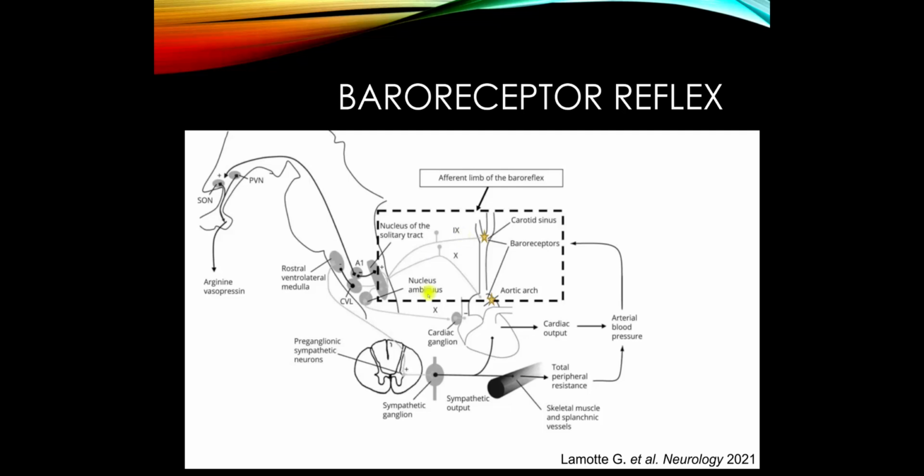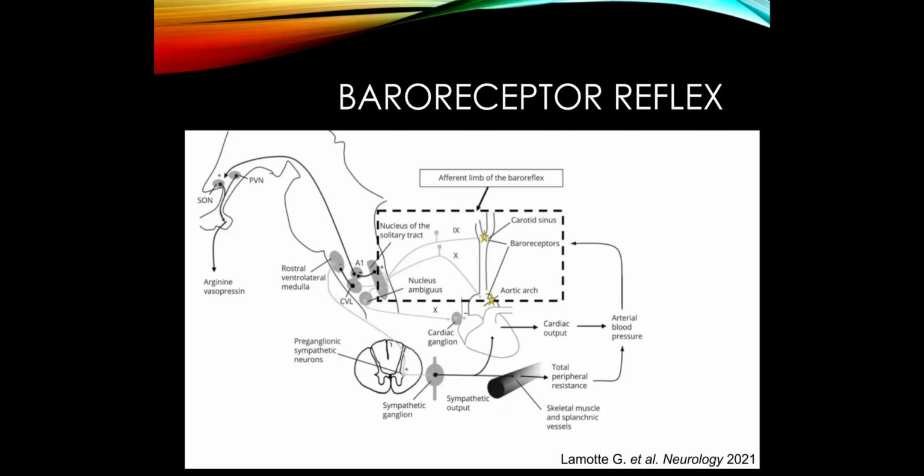First of all, here we have the solitary nucleus, or the nucleus of the solitary tract, right here. This is what we're talking about. Remember I said it gets stretch receptors from the lungs, but also from the arterial system. So here we have the carotid sinus and the aortic arch. There are baroreceptors here.